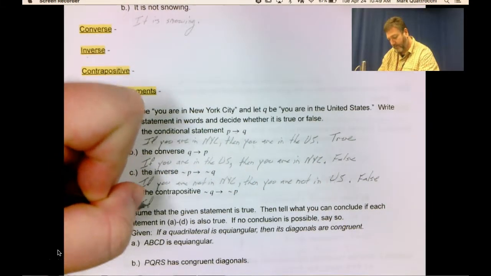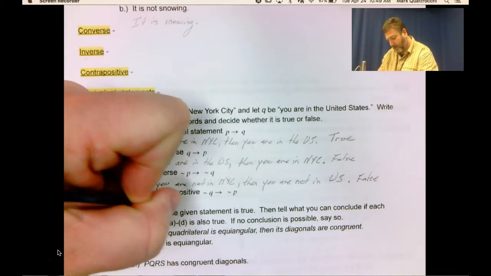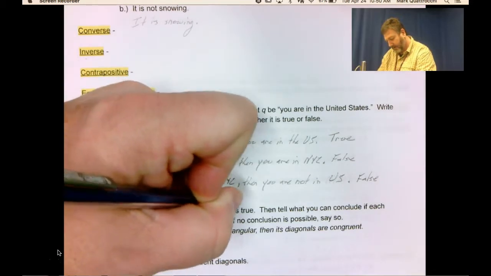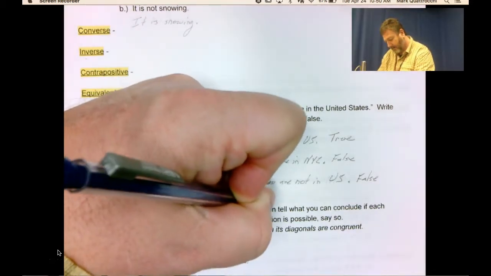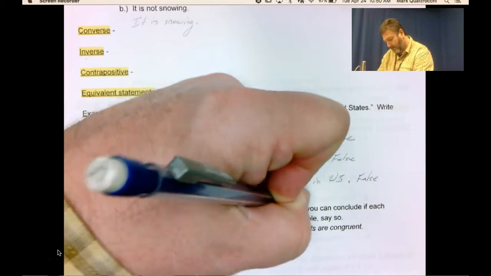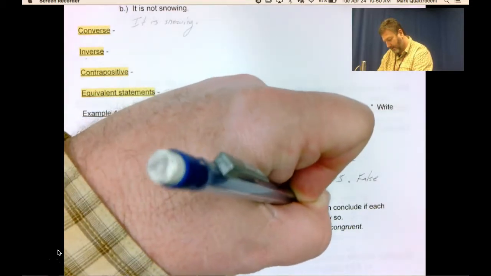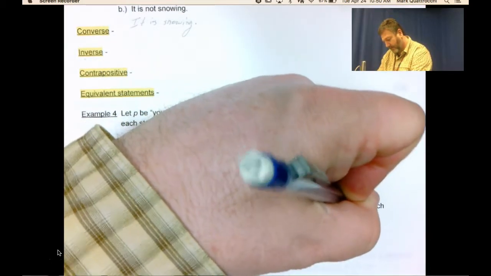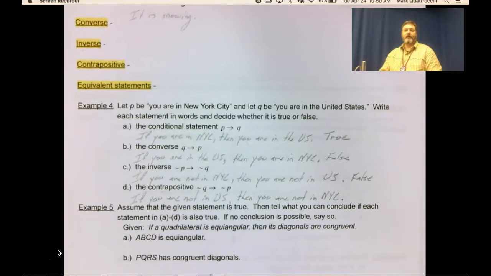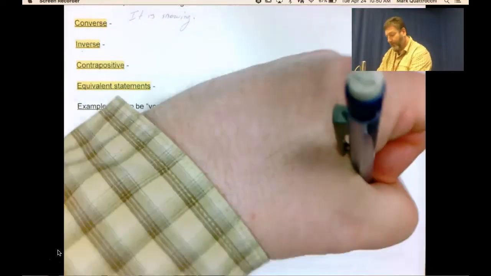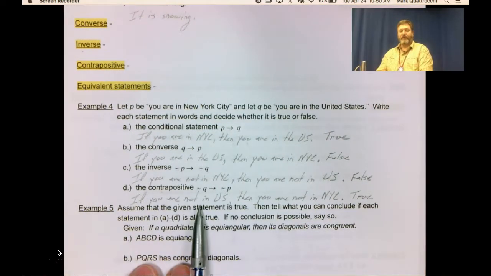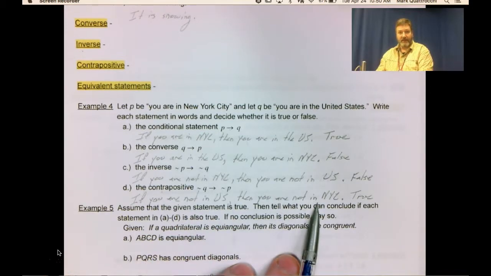If you are not in the United States, then you are not in New York City. And is this true or false? Well, this is true. It's impossible to find a counterexample. If you're not in the United States, then you are most definitely not in New York City.